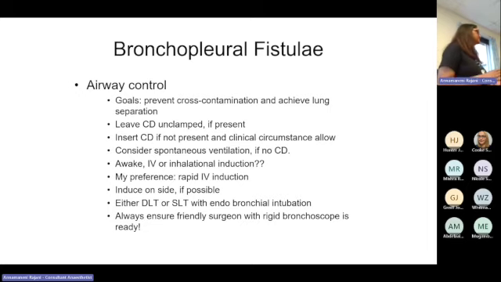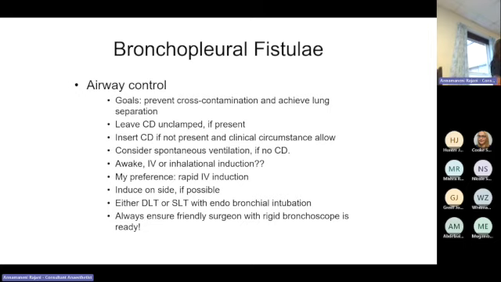Now, as in anesthesia, you can have endless arguments and debates about whether you'd want to do an awake intubation, a spontaneous inhalational intubation, or an IV intubation. For me, the best way of securing the airway in this situation is a quick IV induction with muscle relaxants.